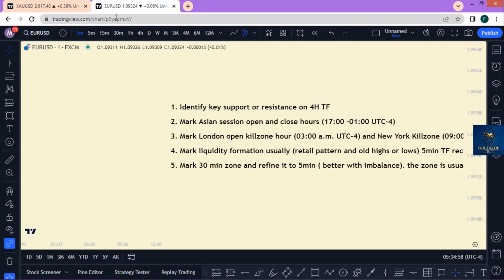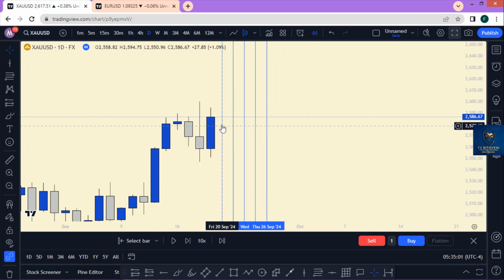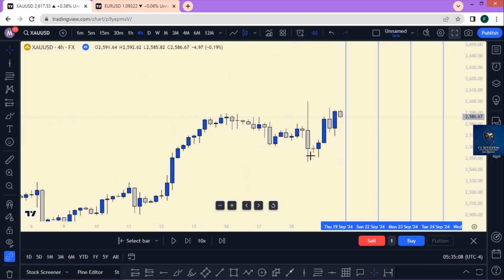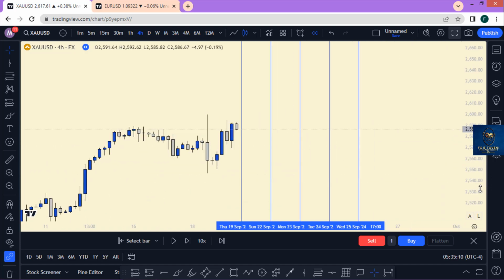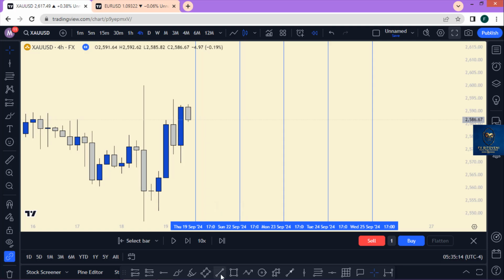Before this day starts, I have to switch to 4-hour to identify key support and resistance. This time order flow is bullish, manipulation negation, there is a high chance that price will go higher.